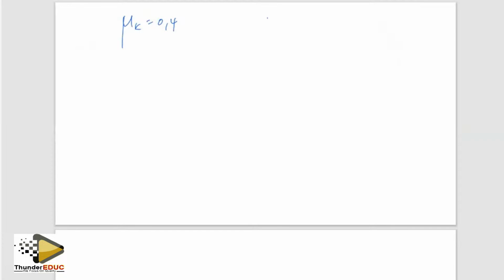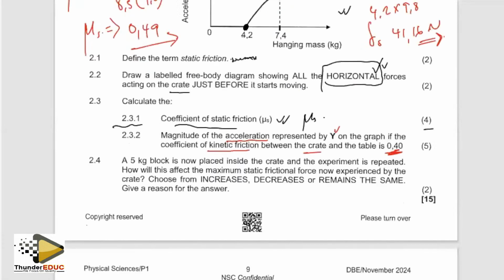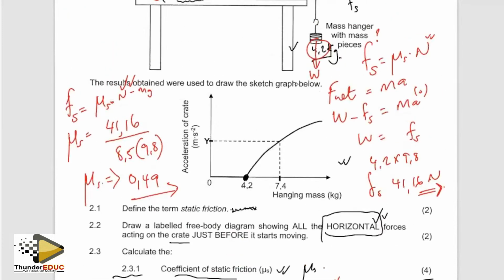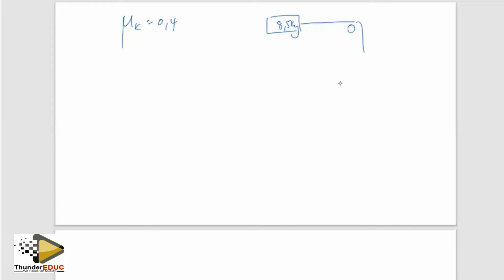But we know this is going to be 8.5 kilograms, we know that the weight that creates the acceleration is going to be 7.4 overall, which means the 4.2, they kept on adding up until they got to the 7.4 before the motion would start. So I'll have a 7.4 down here, that's kilograms.